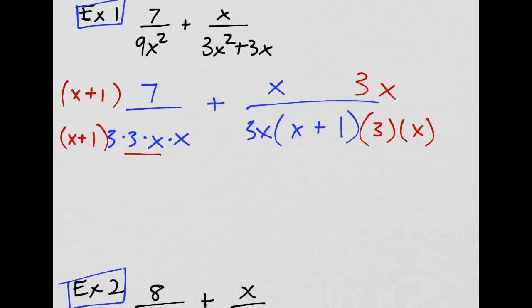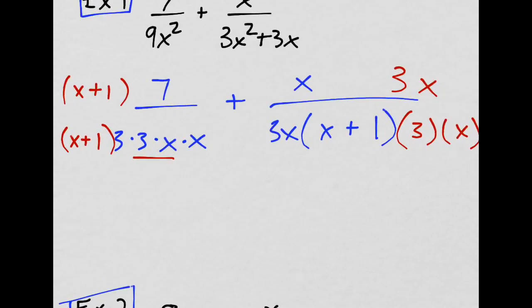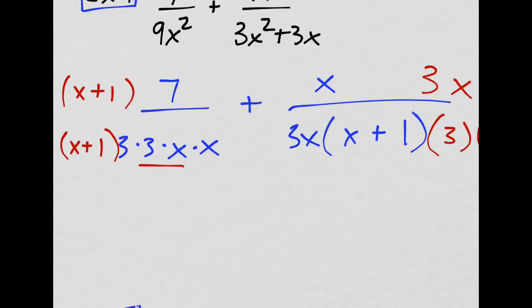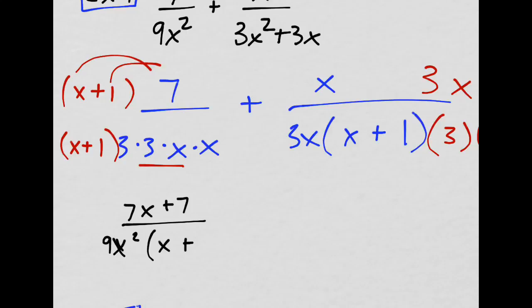So, now I will multiply. Here on the top, I can distribute, yeah? So I'll get 7x plus 7. In the bottom, I'll do it in 2 steps, 9x squared times x plus 1.